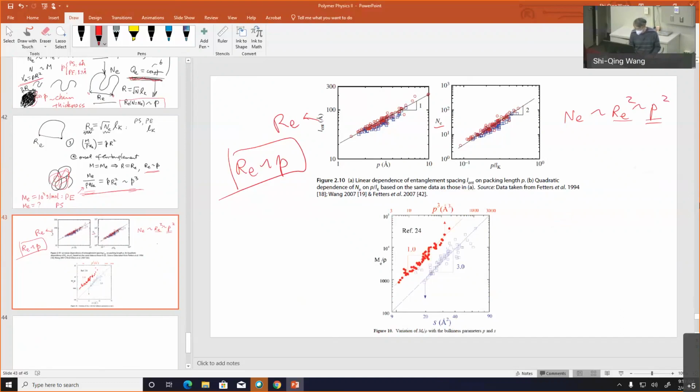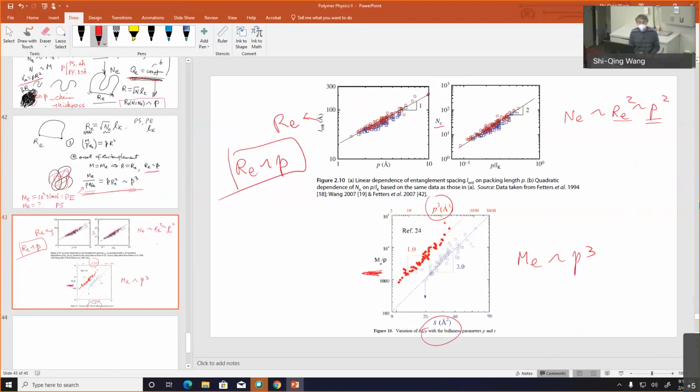And moreover, this plot shows ME is indeed on a double log scaling with P cubed, therefore ME is P cubed. I'll talk about S later today.